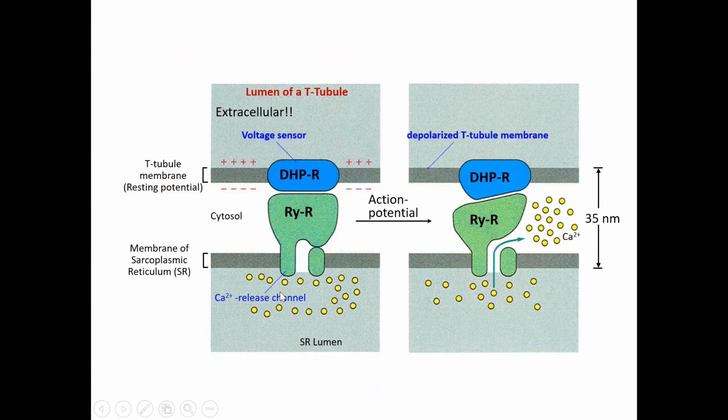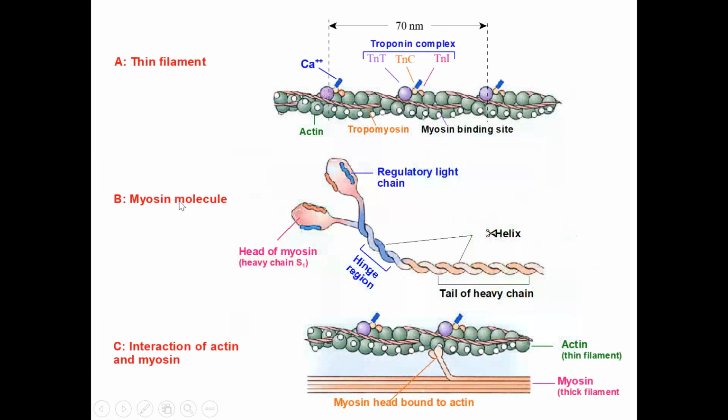It means that what you see here is the inside of the sarcoplasmic reticulum. And as I told you before, in the membrane of the tubule you have DHP receptor, dihydropyridine receptor. They are L-type calcium channels. They are voltage-gated calcium channels of the L-type.